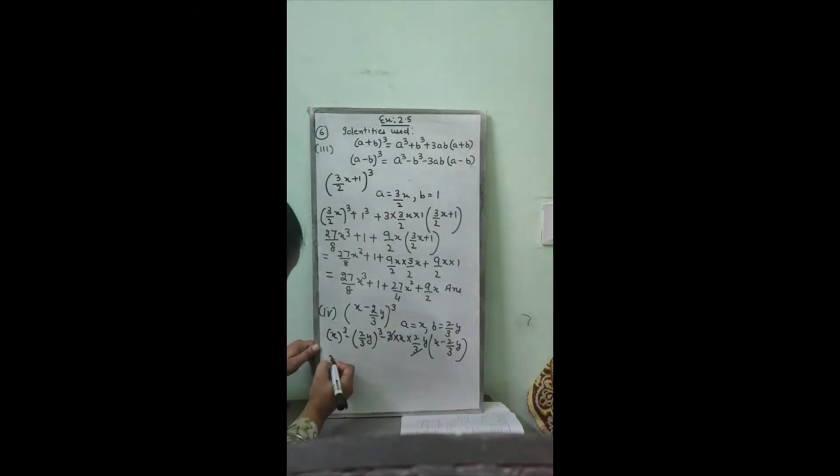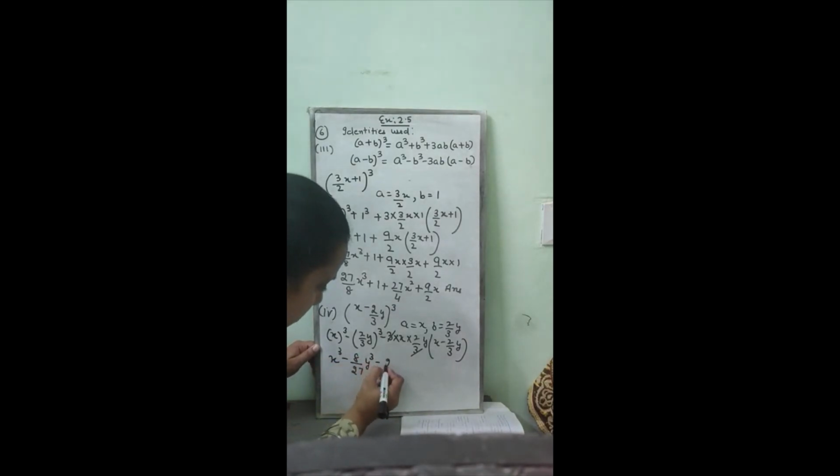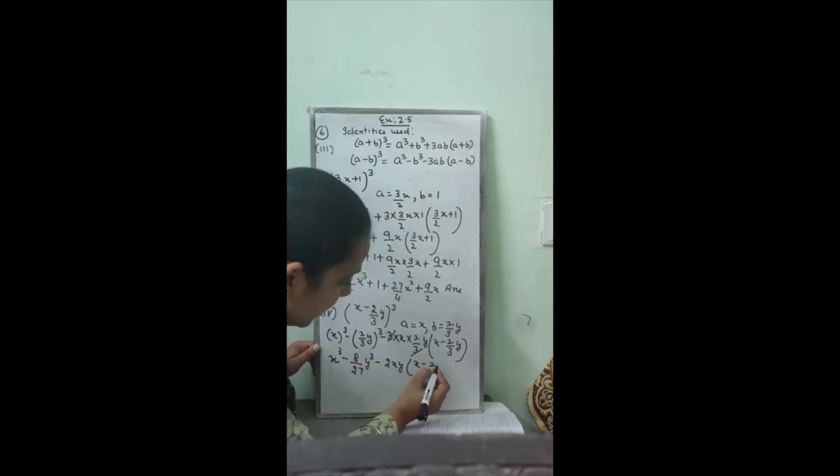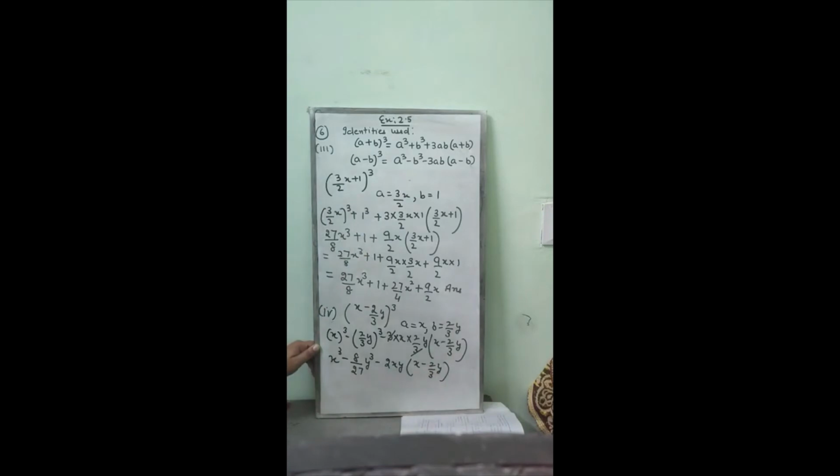So this is x cube minus 8 by 27y cube minus 2xy into (x minus 2 by 3y). Clear? This is x cube minus 8 by 27y cube.